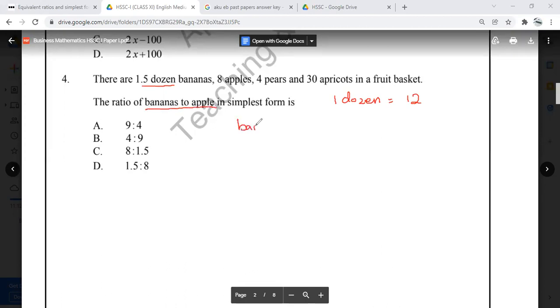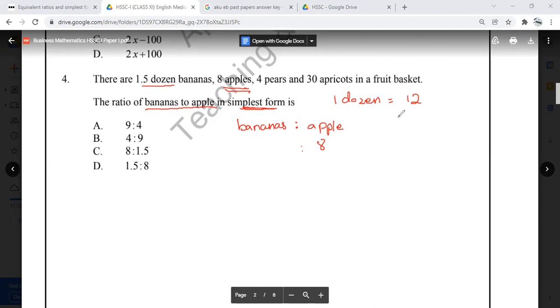So you need bananas to apples, and to convert it into the simplest form. Apples, we know that we have 8 apples. However, the bananas are in dozen, so you need to know the number of bananas.